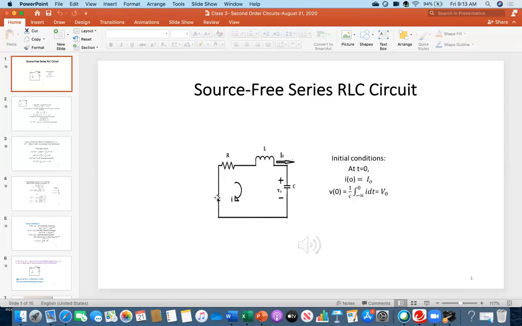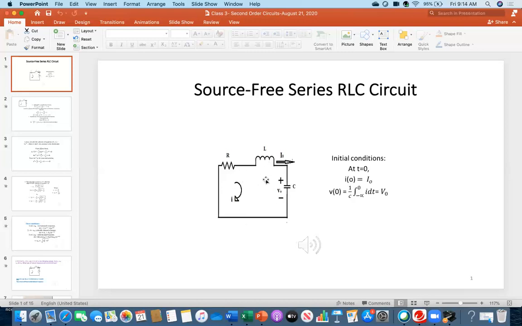Because the source got disconnected, but the inductor and capacitor have stored energy, therefore, because they stored energy, there are initial conditions. On the right side, look at the initial condition at t equal to 0: i(0) equals capital I naught. This I naught is through the inductor.